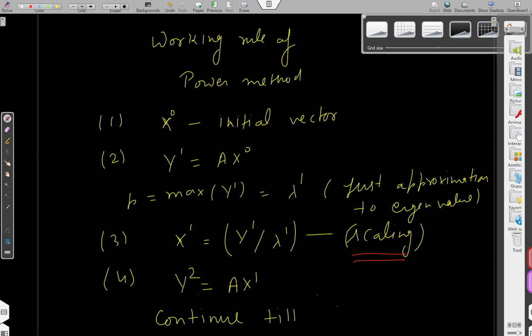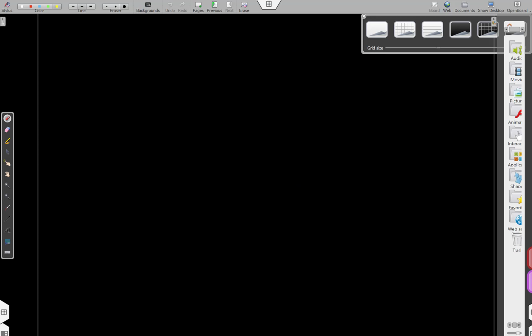How to check desired accuracy? We will compute lambda 1, lambda 2, lambda 3, like that, and continue till lambda n plus 1 minus lambda n is within the desired accuracy. So this is the working rule of the power method. Let us do one example, then it will be more clear.